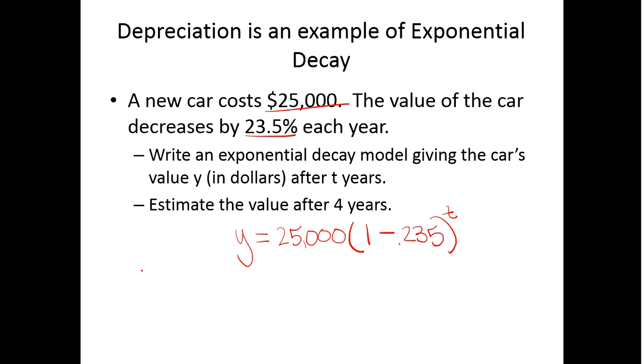So this would be my model that we're going to follow. And now what I'm going to do is plug in 4 for that. So 25,000 and 1 minus 0.235 is actually 0.765, excuse me, to the 4th power.